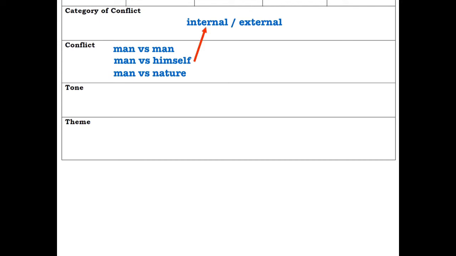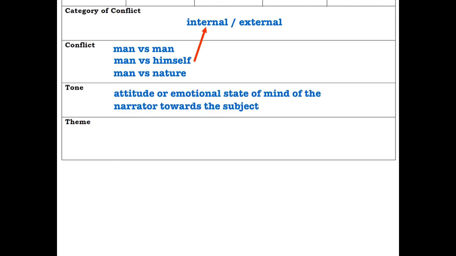Man versus man and man versus nature are external conflicts, because then the protagonist is dealing with an outside force, and the only conflict that is internal is man versus himself, because then the character is dealing with struggles within himself, within his own mind.